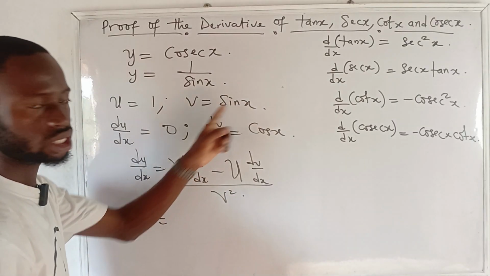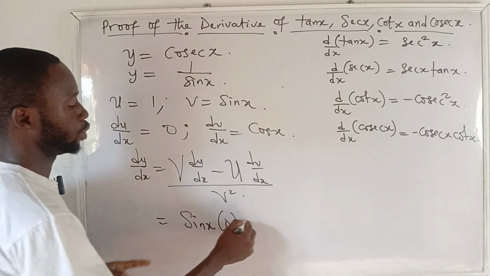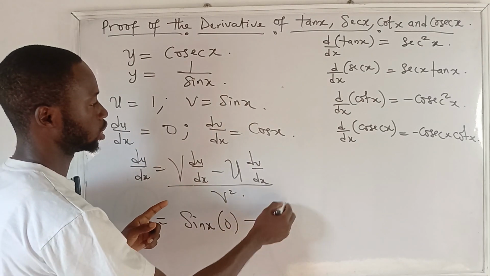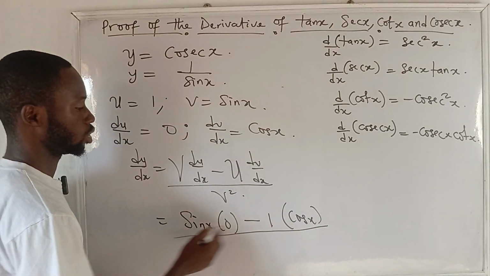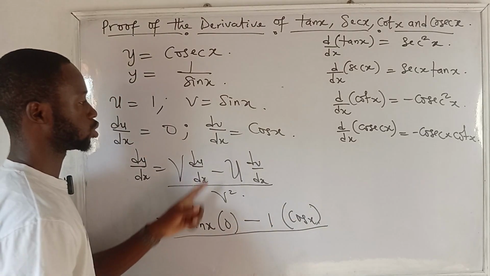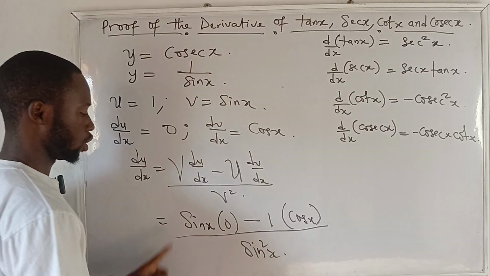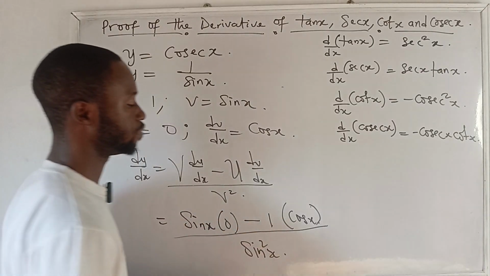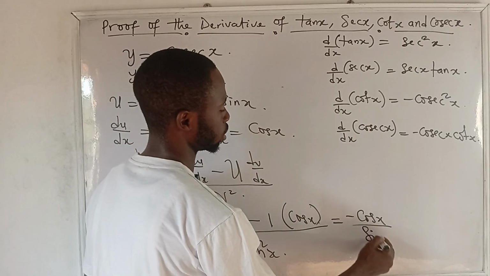So our v in this case is sine x, our du dx is 0, minus our u 1, then our dv dx is what? Cos x. Then we have v, which is sine x, so that will be sine square x because it's v square. So sine x times 0 is 0. What we have left is minus cos x all over sine square x.